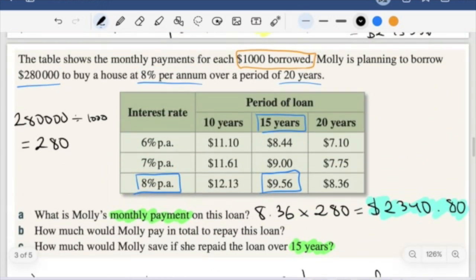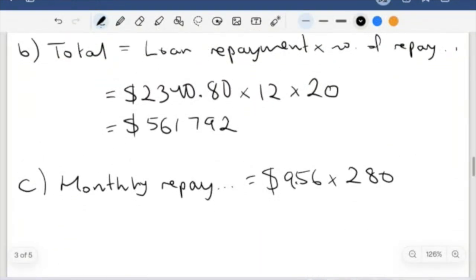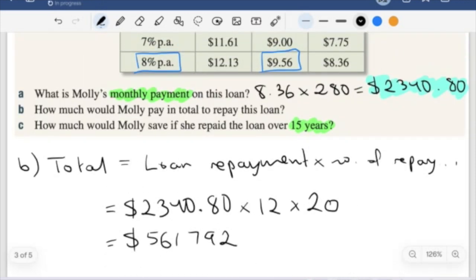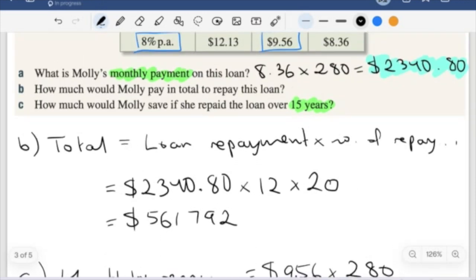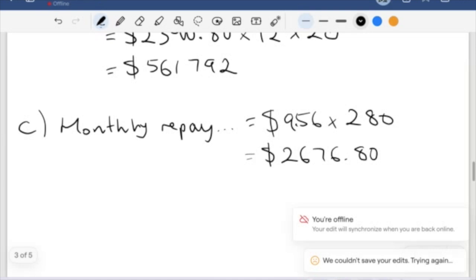We're finding how many times 1,000 goes into 280,000, and then multiplying this 9.56 by the 280. This now gives us a new monthly repayment of $2,676.80, which kind of makes sense that we're getting a higher monthly repayment because we're trying to pay off this loan in a 5 years shorter time. So it makes sense that these repayments now get higher.